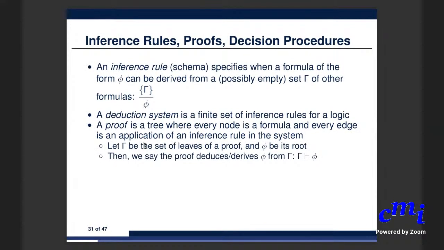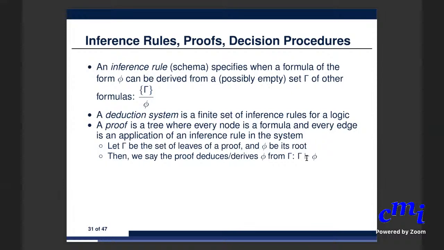So let's suppose that gamma is the leaves of a proof, and phi is the root. Then we say that the proof deduces or derives phi from the assumptions in gamma, and that's usually written with this single turnstile.